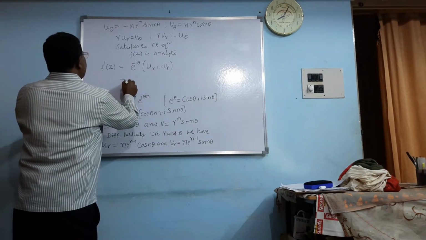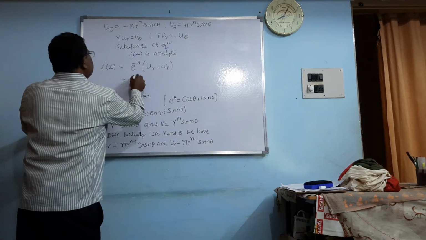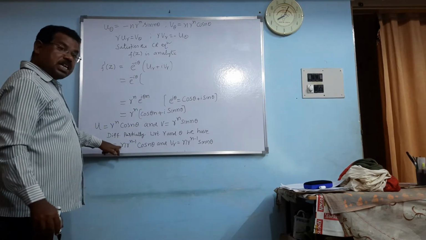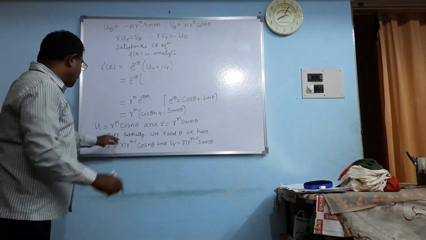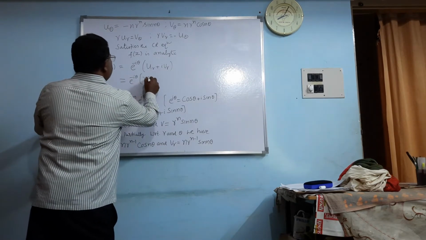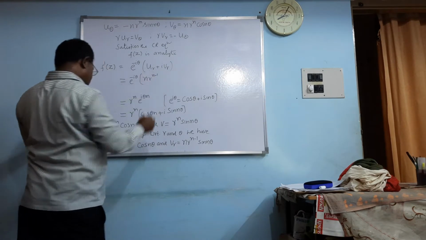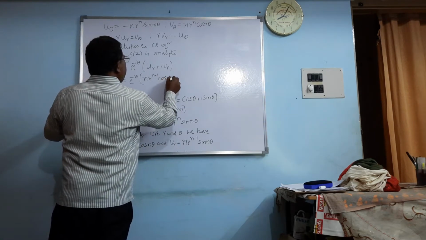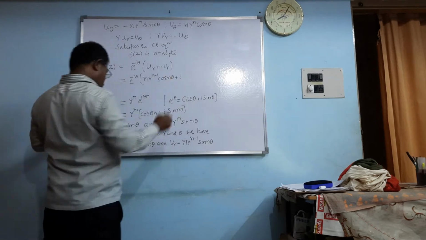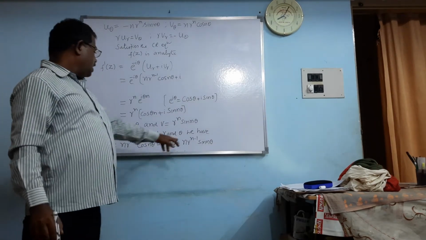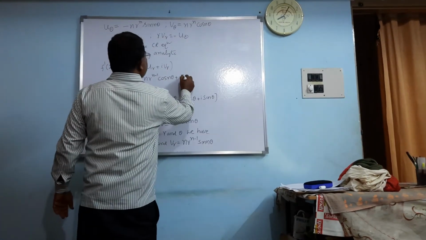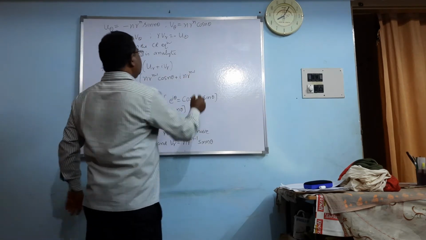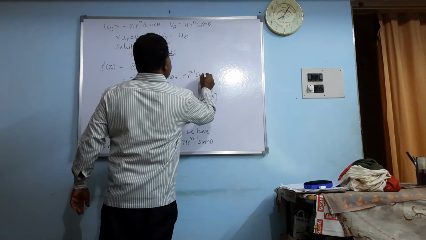Now substitute u r, which is n into r to the power of n minus 1 cos n theta, plus i into v r, which is n into r to the power of n minus 1 sin n theta.